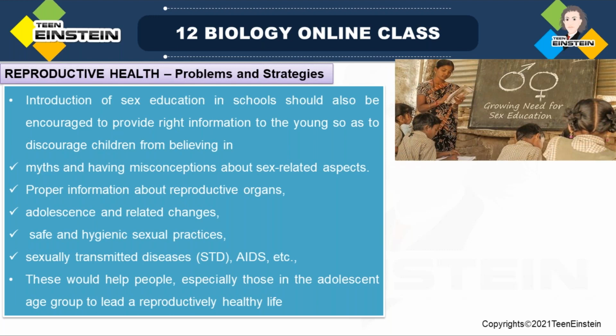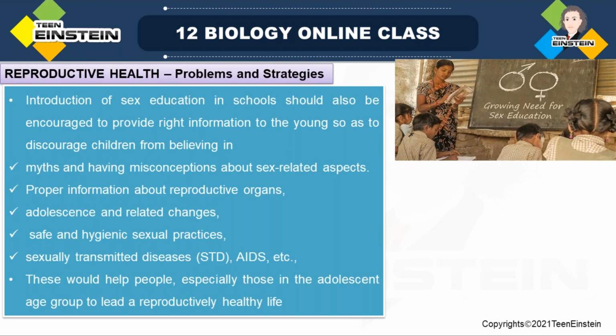We should tell all these things to the students or to our children, and the related changes, the changes during adolescence in their body, the hormonal changes and the changes in their organs. We should educate students or children more about this.